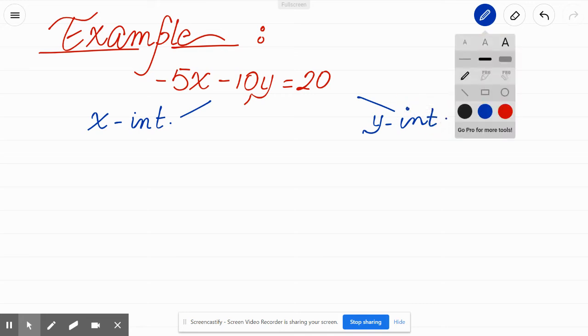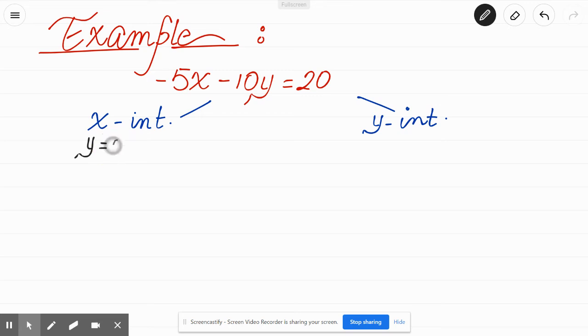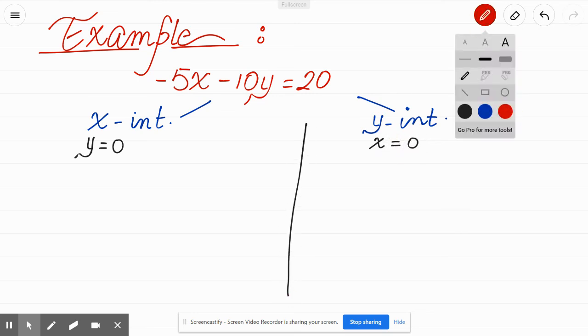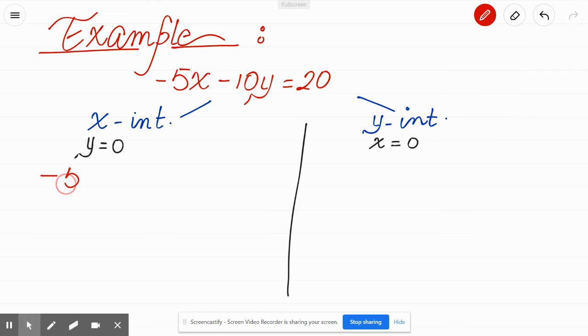Now another reminder that for x-intercept, our term with y will go away. And then for y-intercept, our term with x will go away. So here we will have negative 5x. Remember, the term with y will go away. So I'll just write the question for you once again.